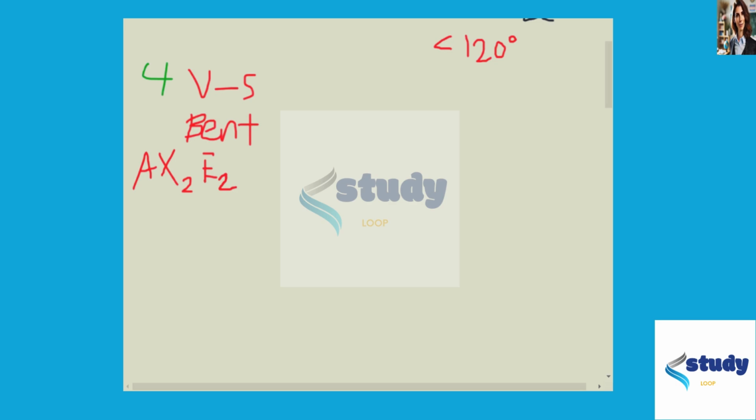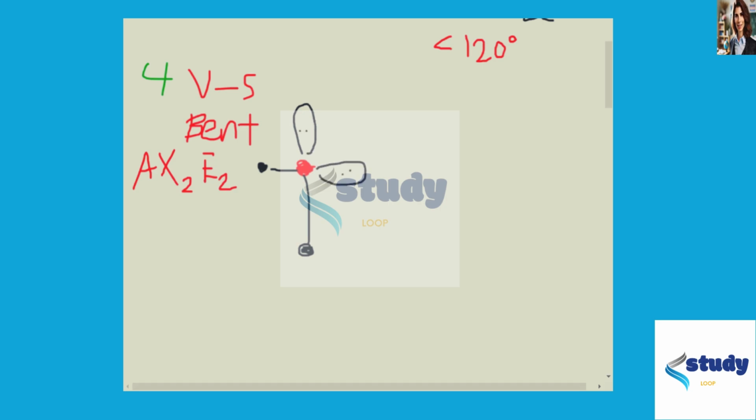And so it looks like this. You'll want a center atom, these bonds, and these lone pairs.